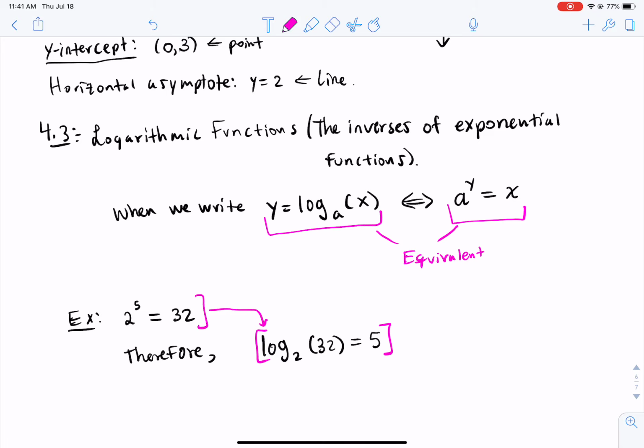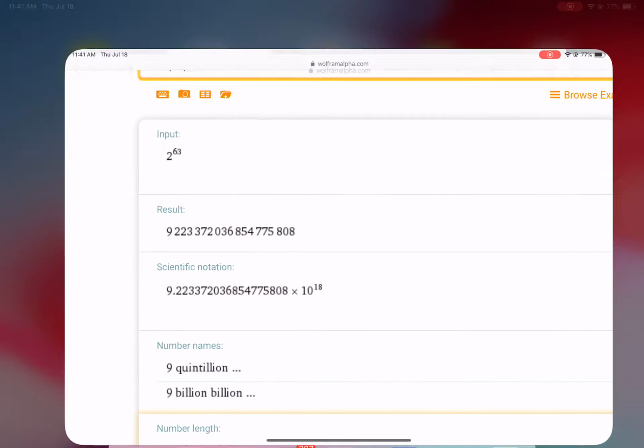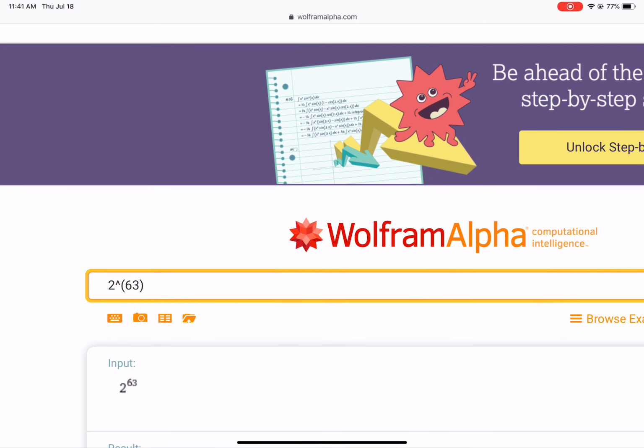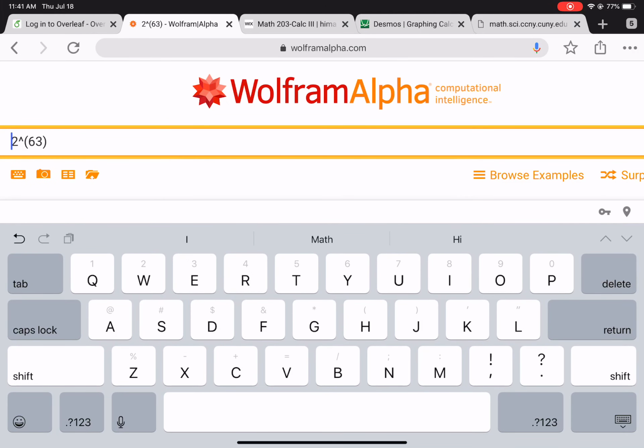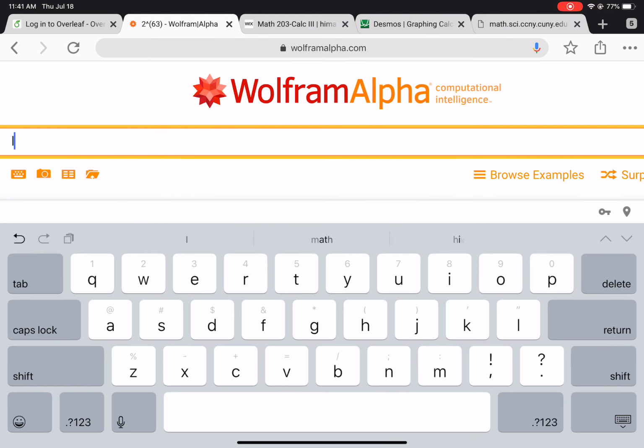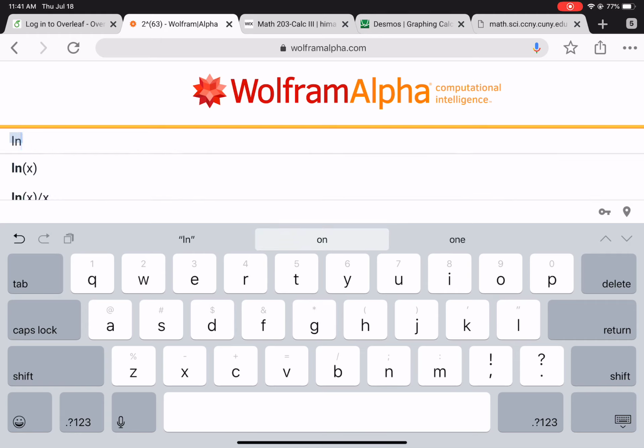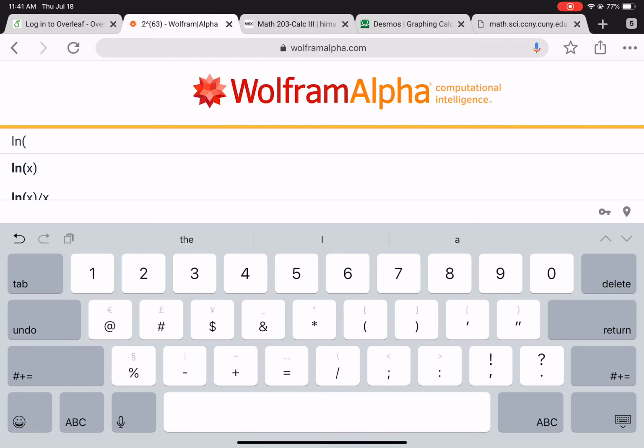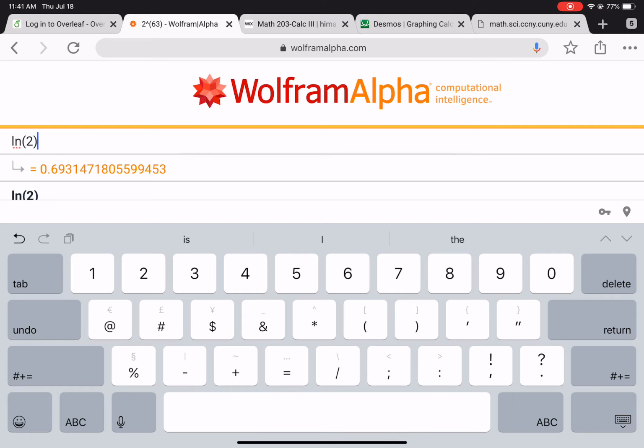If you go to Wolfram Alpha, for example, and write ln of 2, what will be the base for ln? The number e, about 2.7, right? So ln and log are exactly the same thing. You just run under different bases, right? So if you put ln of 2, for example, it's about 0.693.